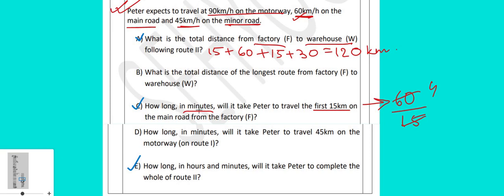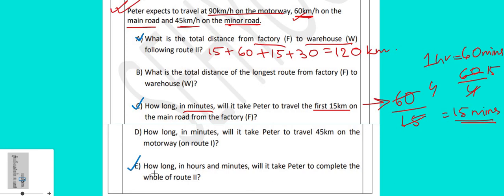As we are now told to find the minutes, and 1 hour has 60 minutes, for the first 15 kilometers he will have to travel 60 divided by 4, which gives us 15, equal to 15 minutes. He will have to travel for 15 minutes for the first 15 kilometers. So 15 minutes is the answer for this particular question.